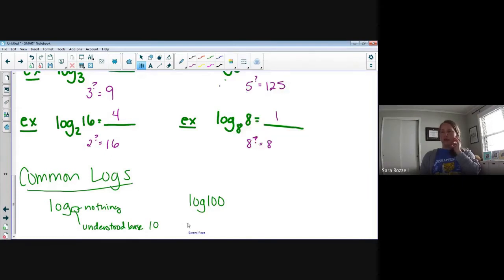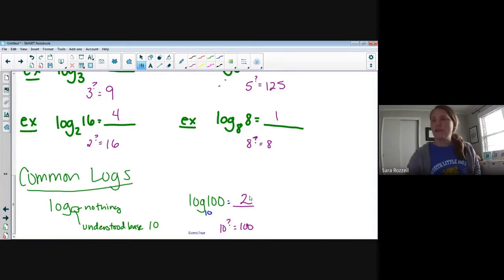And what base should we write in there? It's an understood base 10. So we'll write it in ourselves. If you don't see it and you just have the word log, you're going to put a base 10. And now we can evaluate this one. 10 to what power is going to give us 100? 10 to what power is 100? 2. Right. 10 squared is 100. So log 100, that's going to give you 2.